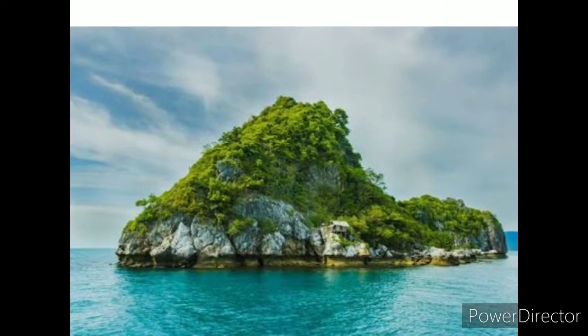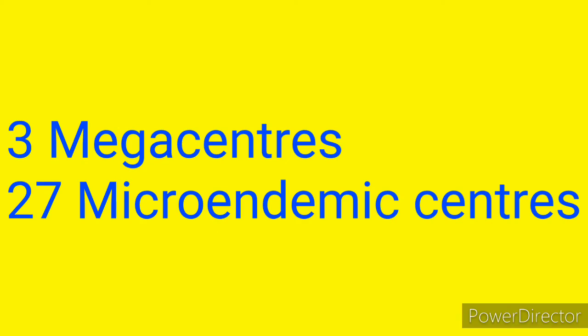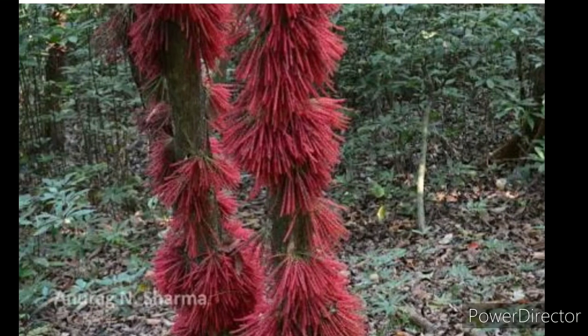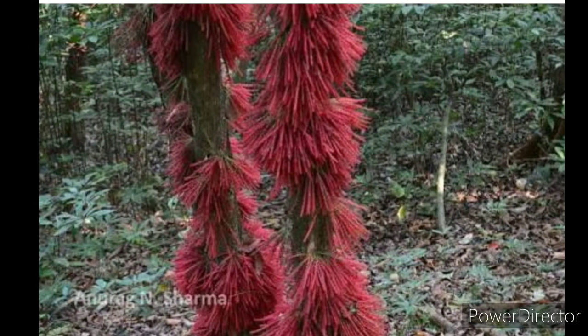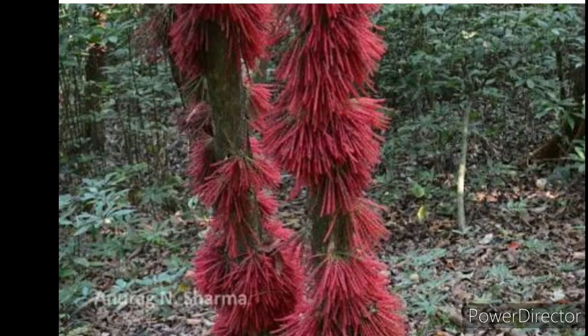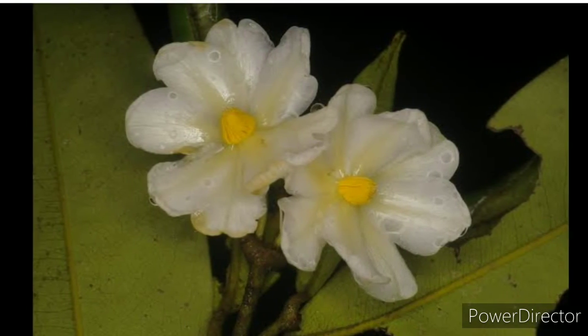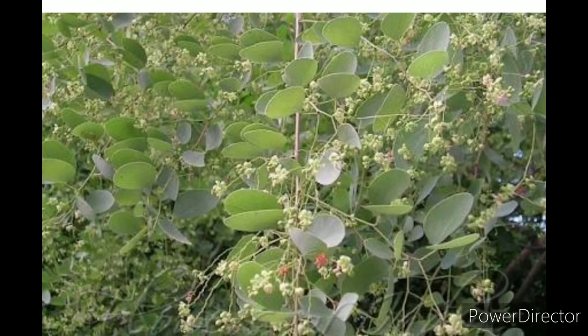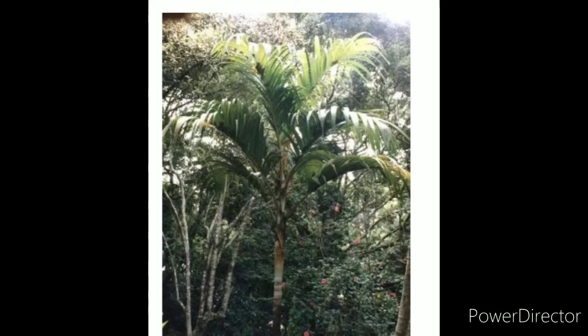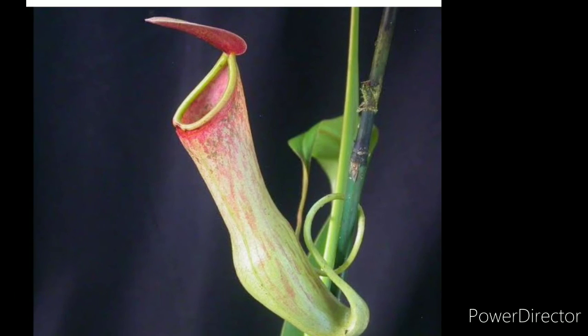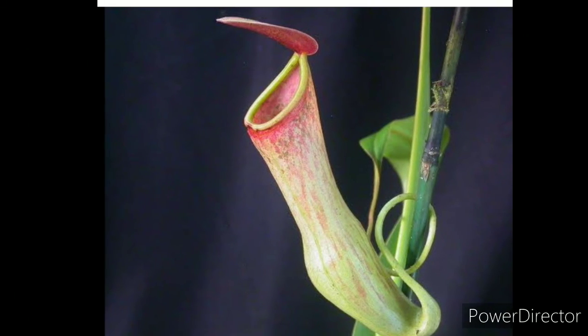There are 3 mega centers of endemism and 27 microendemic centers in India. Some examples of endemic plants: Baccaurea courtallensis, Agasthyarmalaea horsfieldii, Hardwickia binata, Bentinckia condapanna, Nepenthes khasiana.